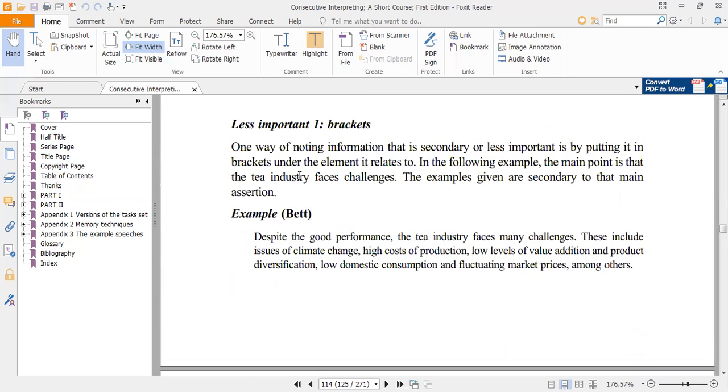Now we are going to talk about the less important issues, the strategies of noting these issues. The first one is brackets.